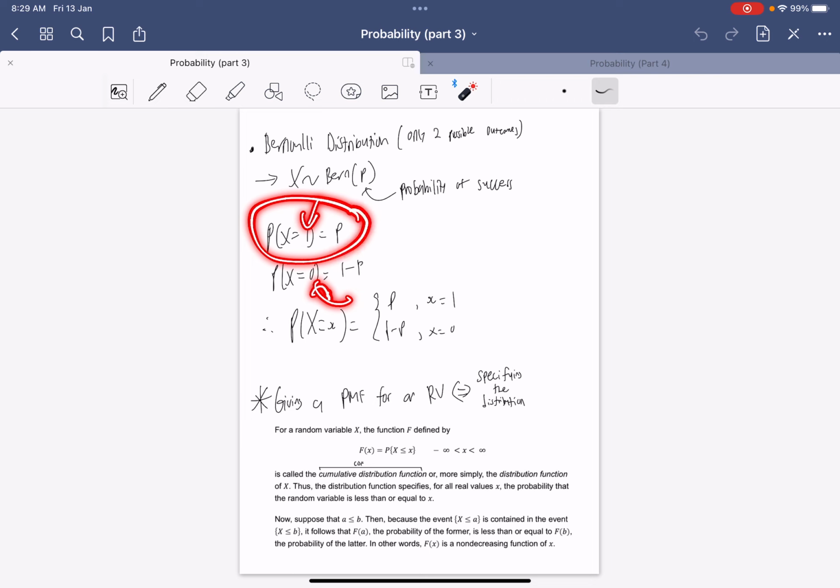So the probability of X equals 1 is p, and the probability of X equals 0 is 1 minus p. And so you can denote the probability mass function as this. To specify a distribution, it is equivalent to giving the PMF of a random variable. If I know the probability mass function, I know the probability distribution for every value of the random variable.